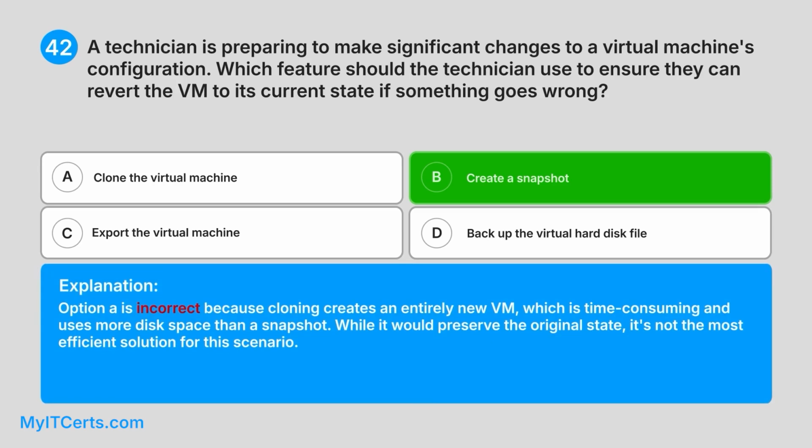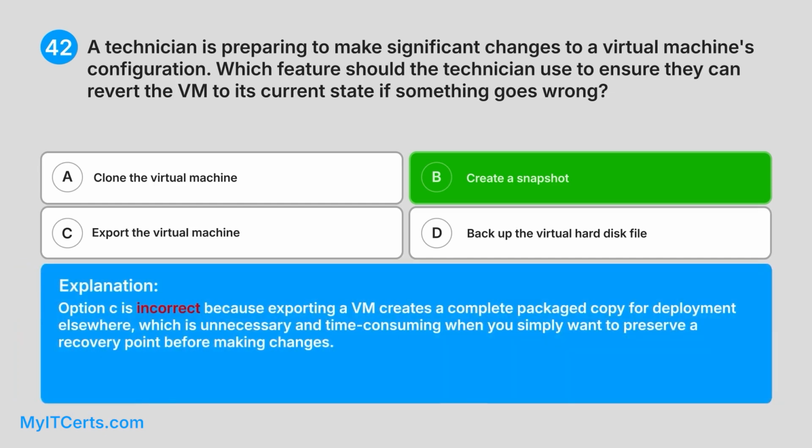Option A, clone the virtual machine, is incorrect because cloning creates an entirely new VM, which is time-consuming and uses more disk space than a snapshot. While it would preserve the original state, it's not the most efficient solution for this scenario.